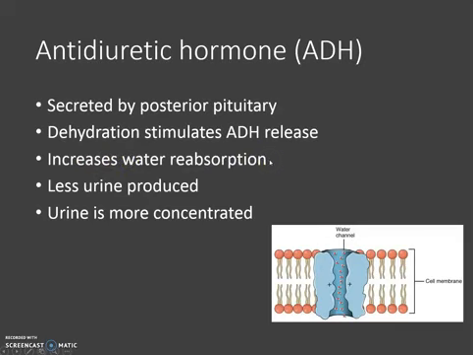The more water that's reabsorbed and kept in the blood, that means less urine is produced, but the urine that's produced is more concentrated because you still have these waste products and solutes that you're trying to get out of your body, but you're transporting it out of your body with less water. So basically, ADH increases how much water you keep in your body, and so you pee less, but your pee is going to be more concentrated.